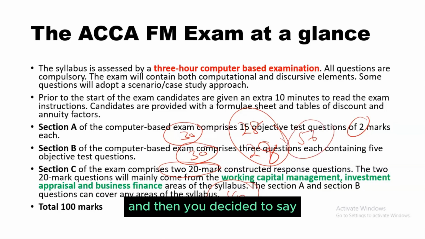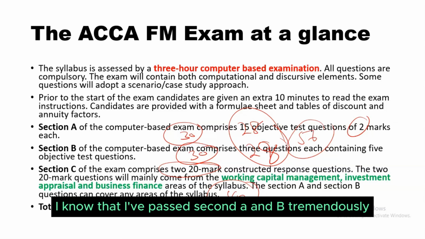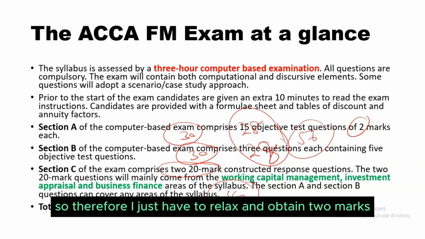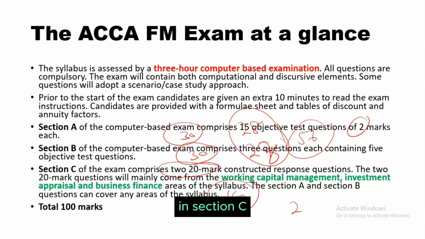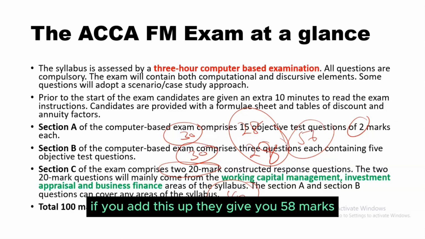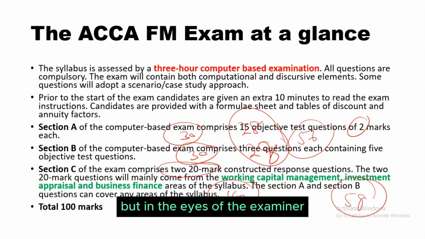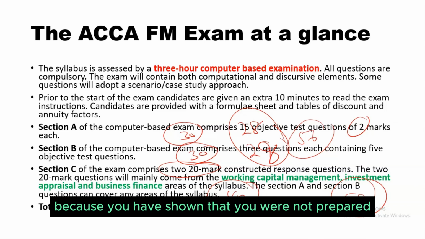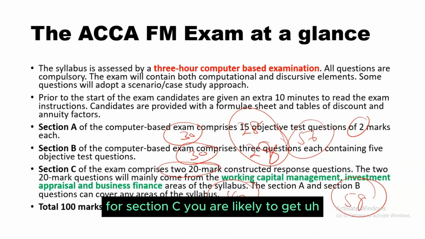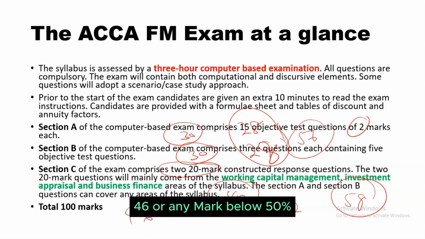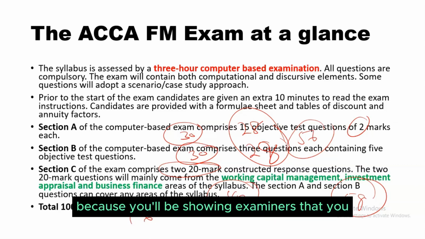And then you decided to say, oh, I know that I've passed section A and B tremendously, so therefore I just have to relax, and you obtained 2 marks in section C. If you add this up, they give you 58 marks. But in the eyes of the examiner, because you have shown that you were not prepared for section C, you are likely to get 46 or any mark below 50%, because you'll be showing examiners that you are not yet ready.